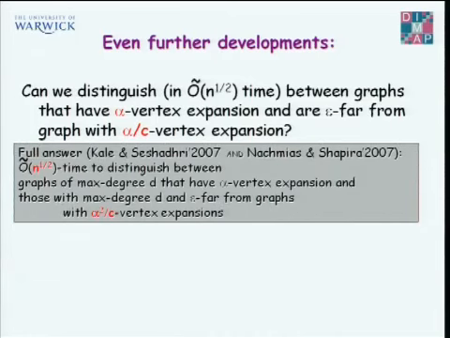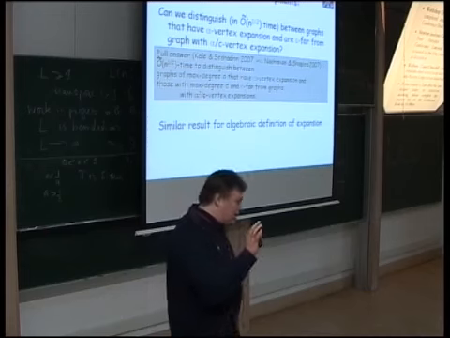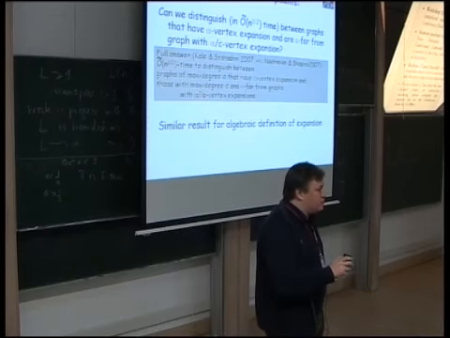So right now there are two papers, Kale, Seshadri, and Nachmias and Shapira, showing that in time root of n we can really distinguish between alpha expanders and alpha squared over C expanders. Similar results hold for algebraic expansion, but they are much weaker, unfortunately.